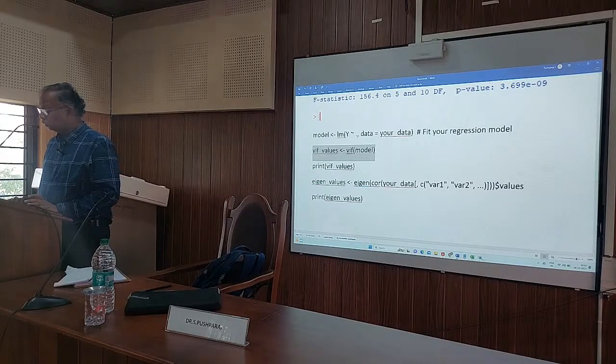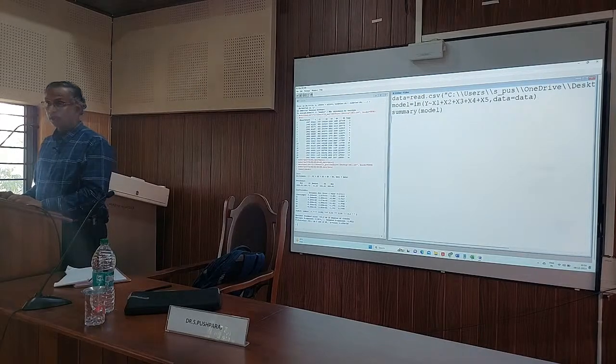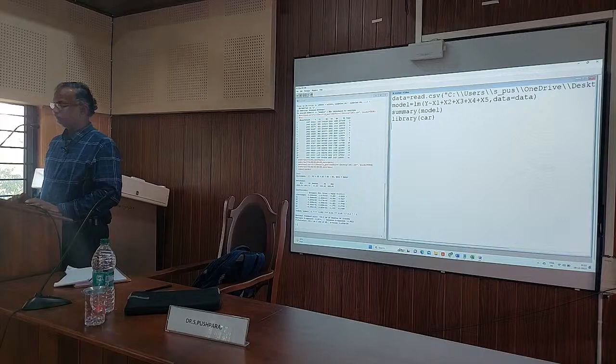So you have to open the library first. The first thing you have to do is load the library, library car. There is a function called VIF.